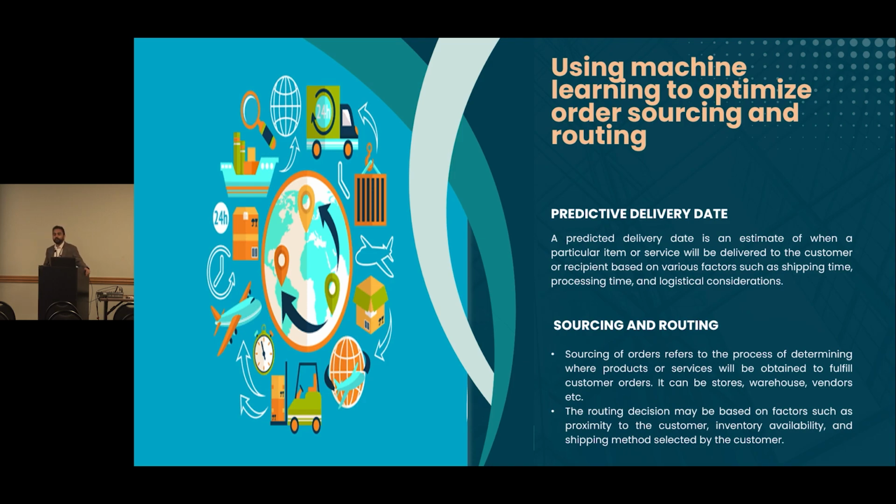So it is so important for a retailer to have a near accurate date, which will help them understand whether their business is going to increase because of this date. The second one is sourcing and routing, which is basically figuring out the best store or the best warehouse which can fulfill the customer order.